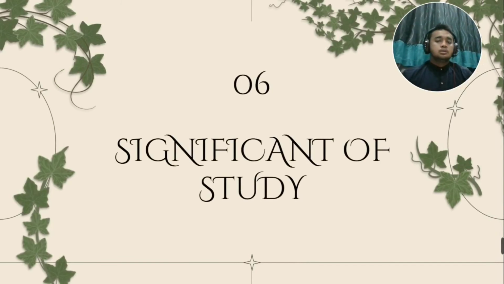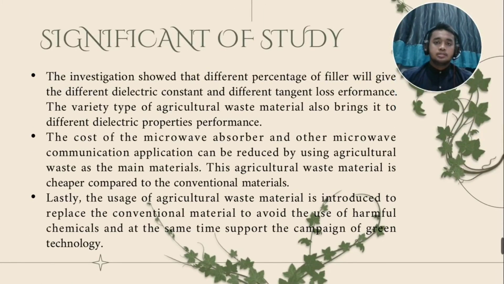Let's go to the next one, which is the significance of the study. I have been studying and this is the summary I got. The investigation shows that different percentages of filler will give different dielectric constant and tangent loss performance. So the variety of types of agricultural waste material also brings different dielectric properties performance.